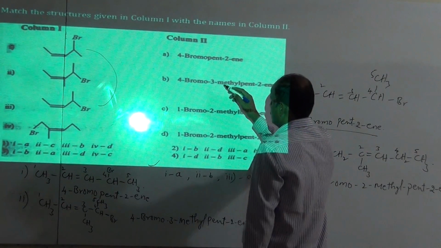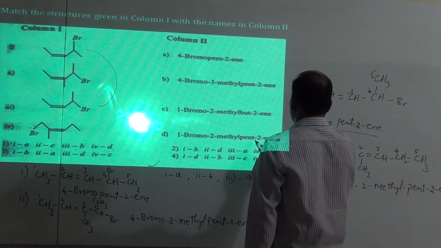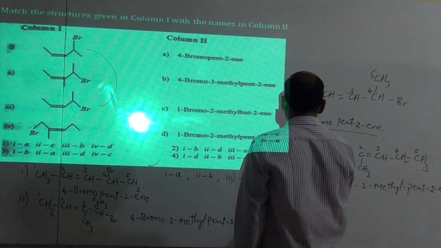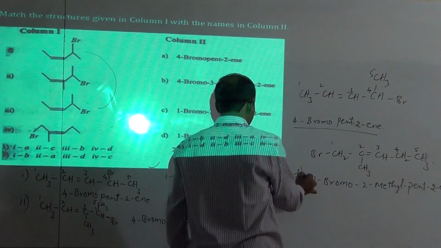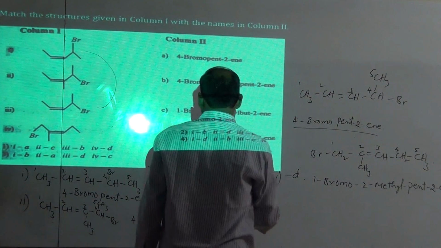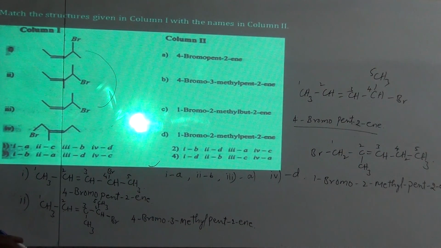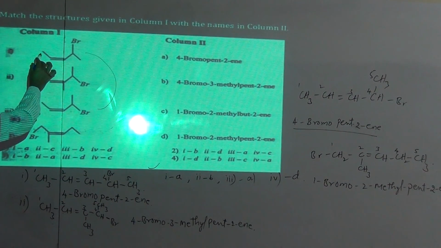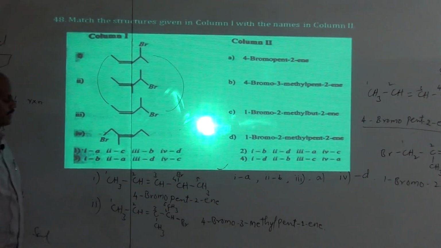This is D. Thus the fourth one is option D. In the options there is no correct one, because they gave two same compounds, that's why this is a printing mistake. The correct answer is this one.